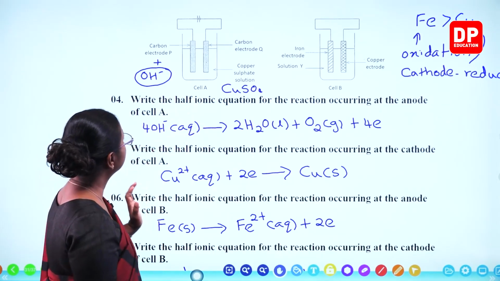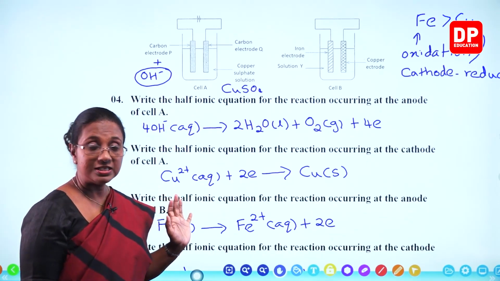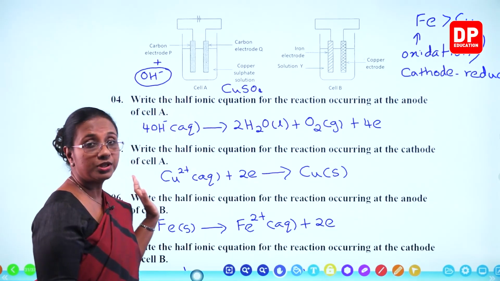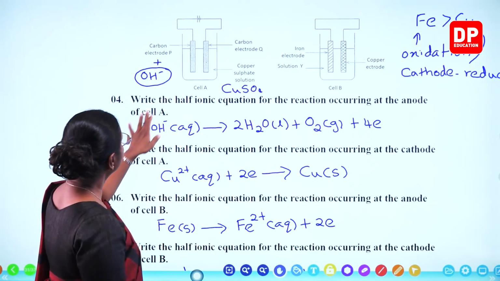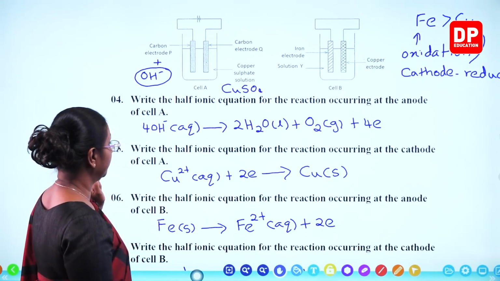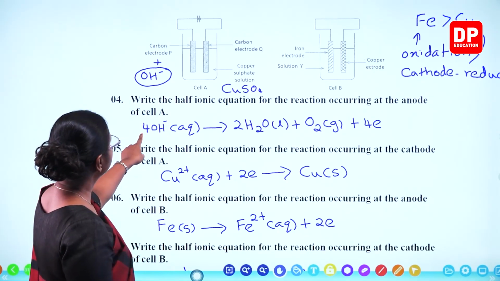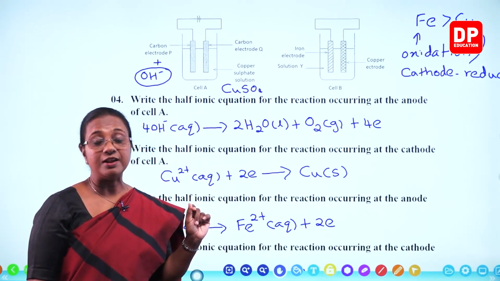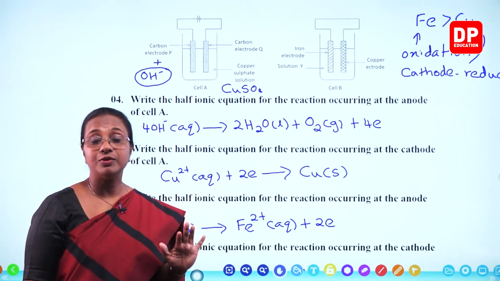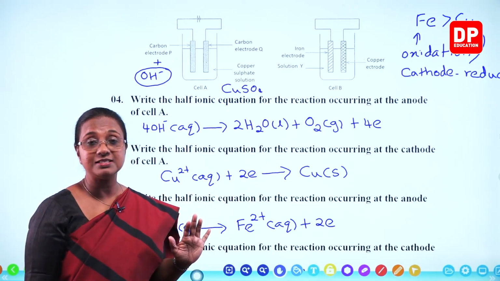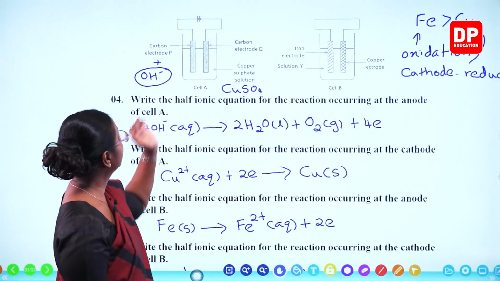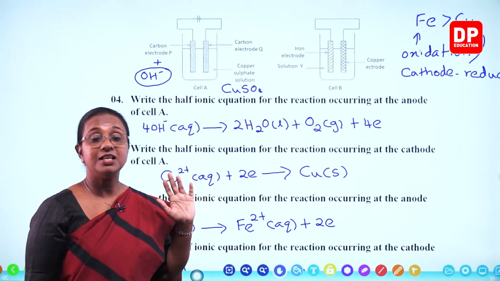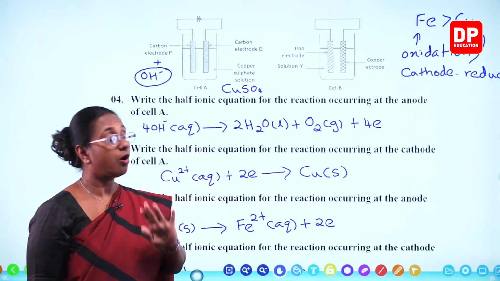Now, if you take the first one, cell A, it is an electrolytic cell. So there is copper sulfate and electrodes are both carbon electrodes. Therefore, near the anode, it is the oxidation. So there in the solution, there are going to be CuSO4 and water. So sulfate ions and OH- ions are the negative ions. Both of them go towards the positive electrode, but out of the 2 negative ions, it is OH- ions that get oxidized.